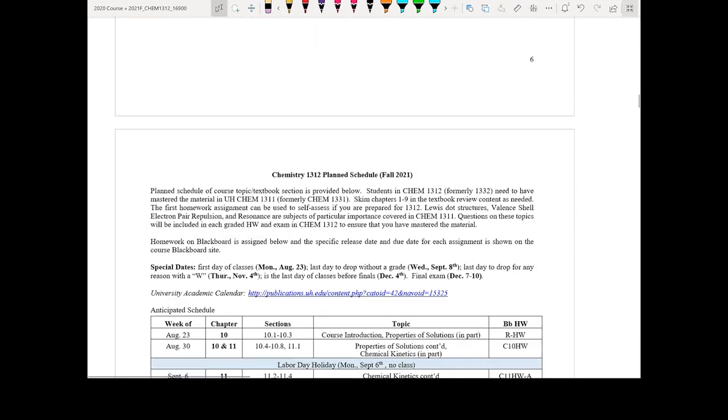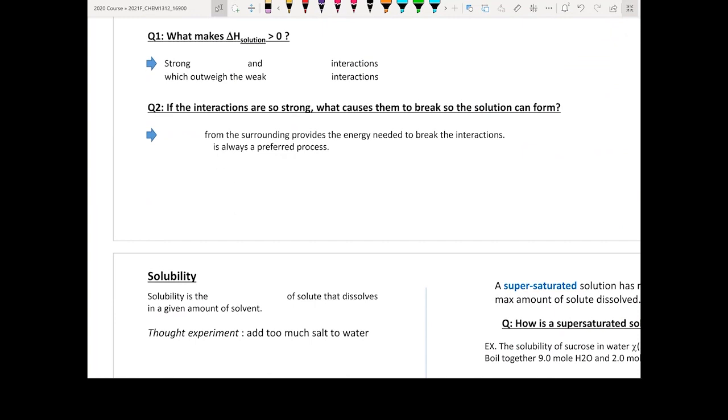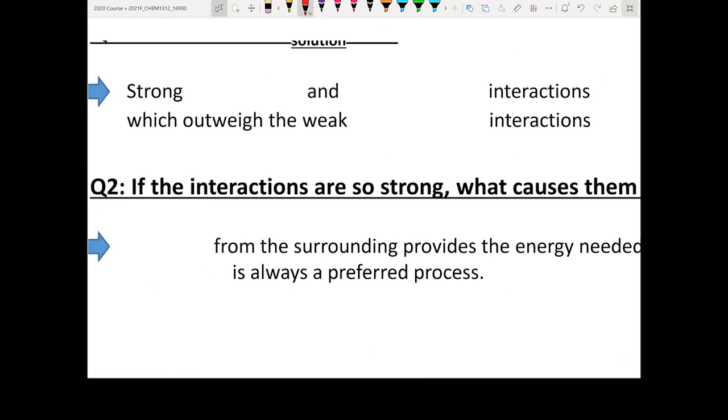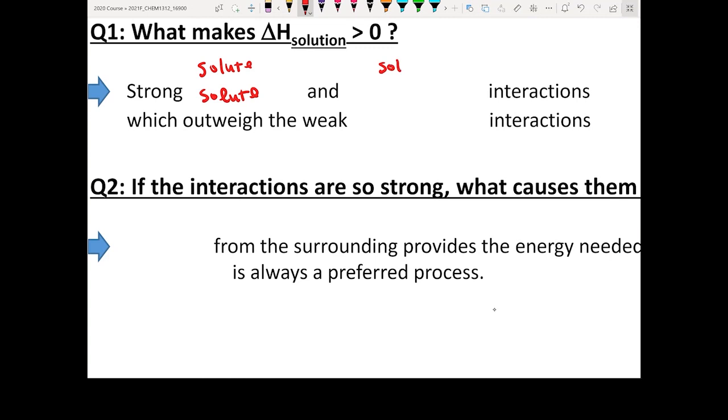Here is a summary about the sign of your delta H. If your delta H solution is positive, what it really means is you're going to have strong solute and solvent interaction.